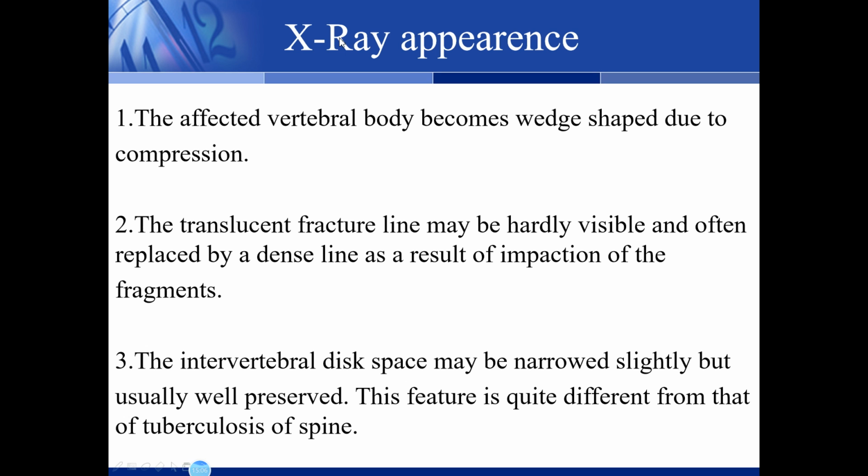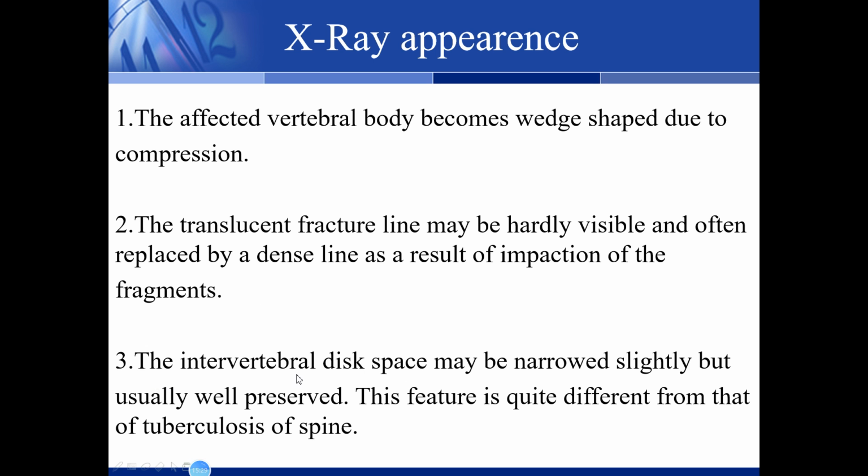The X-ray appearance. 1. The affected vertebral body becomes wedge-shaped due to compression. 2. The translucent fracture line may be hardly visible and often replaced by a dense line as a result of impaction of the fragments. 3.